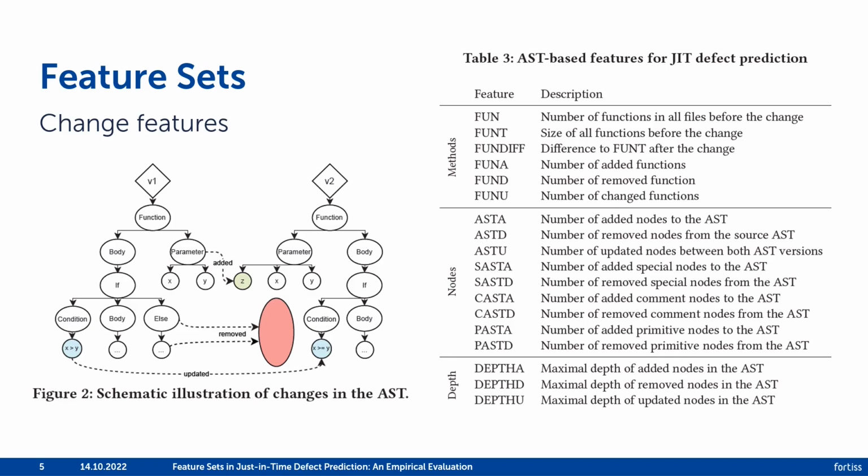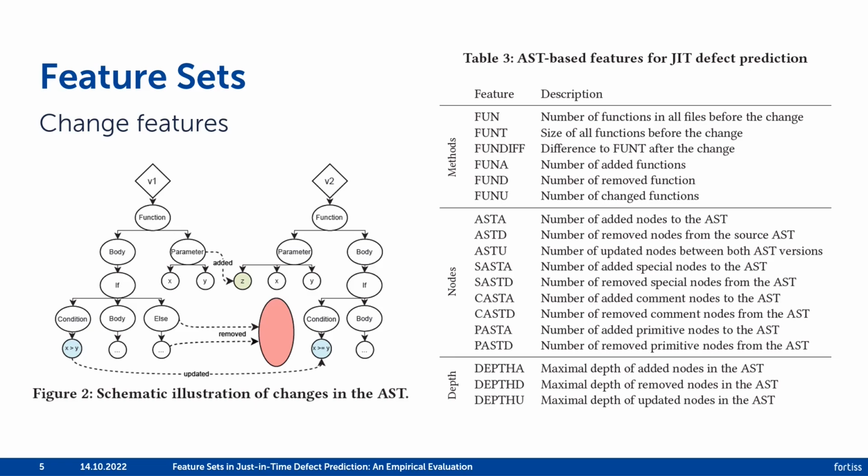Then we have some features concerning really the changes in the nodes of the abstract syntax trees. And there we look at added, removed, or updated nodes, and we cluster these nodes also in their usage. So for example, we have some special nodes like for loops, if statements, or we have some comment nodes. So if a comment was added or removed in a change.